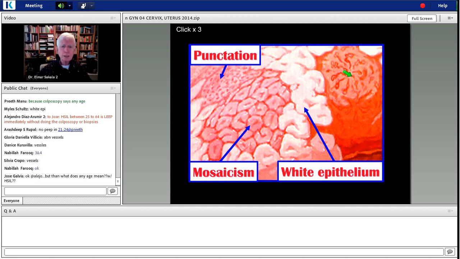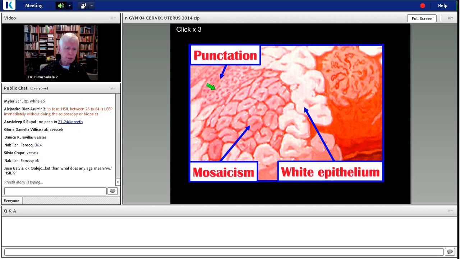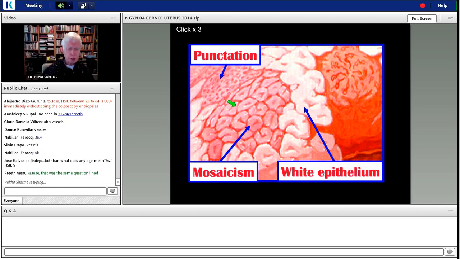This is probably just a little condyloma. HPV can cause condyloma. White epithelium here, mosaicism here, punctation over here. What causes these pattern changes? Punctation and mosaicism are probably the capillary loops, which are changed by the surface epithelium. So this is what you would see as a result of changes in the capillaries.